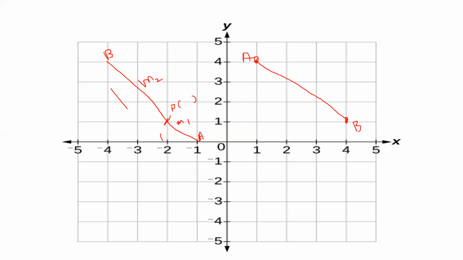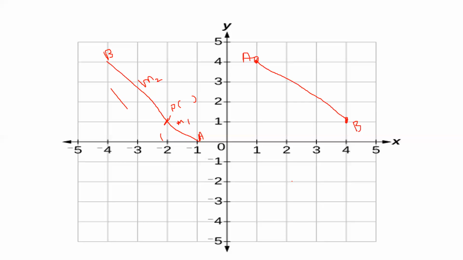Because of point P, the line joining 2 points A and B is internally divided into the ratio m1 and m2. With the help of section formula, we are able to find the point P and the ratio in which it has divided. So this is the second topic of this chapter. Here I'm just trying to give the meaning of the concepts only. I'm not getting into the concept here.